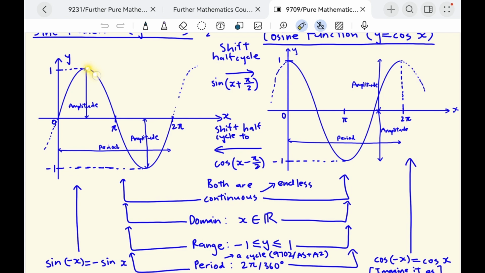Each point that lies on the sine graph, this vertical distance, we can call displacement. But in mathematics, in practice, we don't learn this. We only approach until amplitude and period.